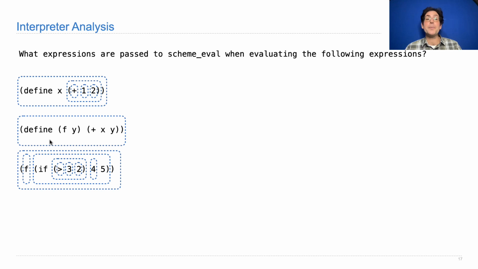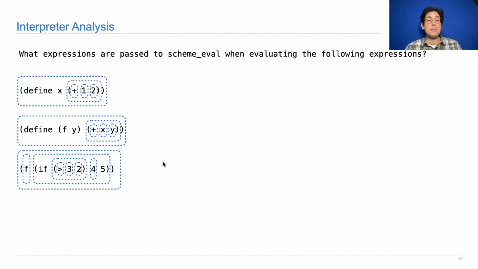Well, to call a user-defined procedure means to evaluate its body expressions in a new frame. And so we now have to evaluate plus x y, which means evaluating plus, evaluating x to get 3, evaluating y to get 4, and now we add 3 and 4 together to get 7.